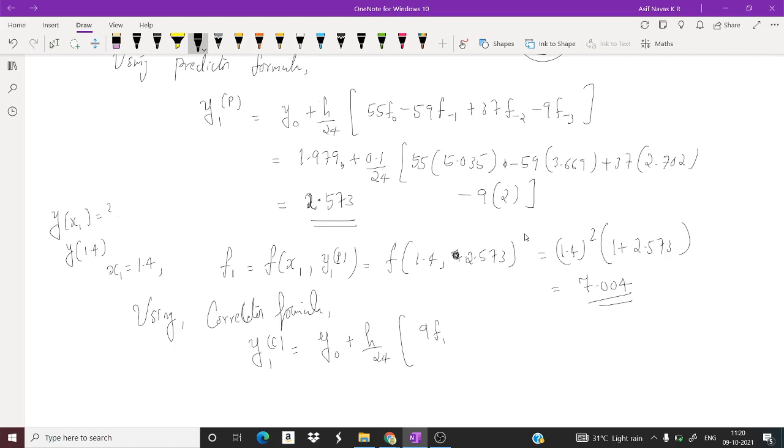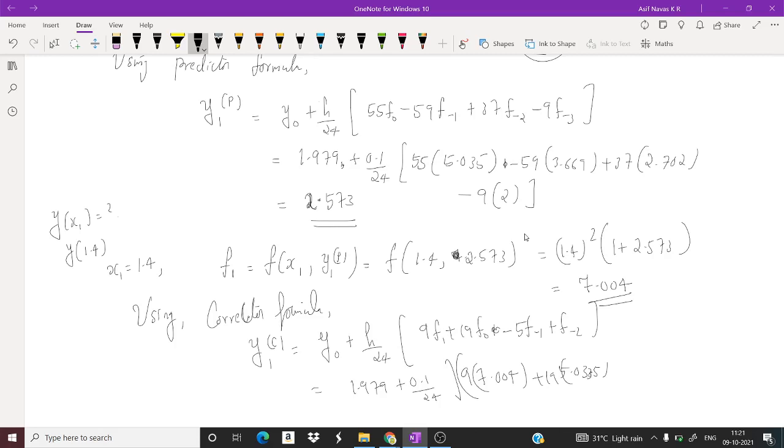So 1.979 plus 0.1 by 24, 9 into f1, which is 7.004, plus 19 into f naught, 5.035, minus 5 into 3.669 plus 2.702.